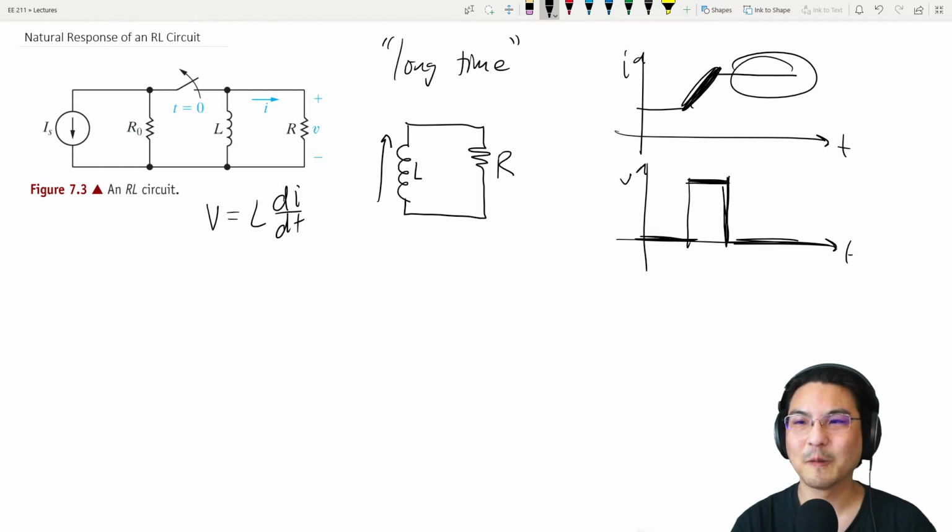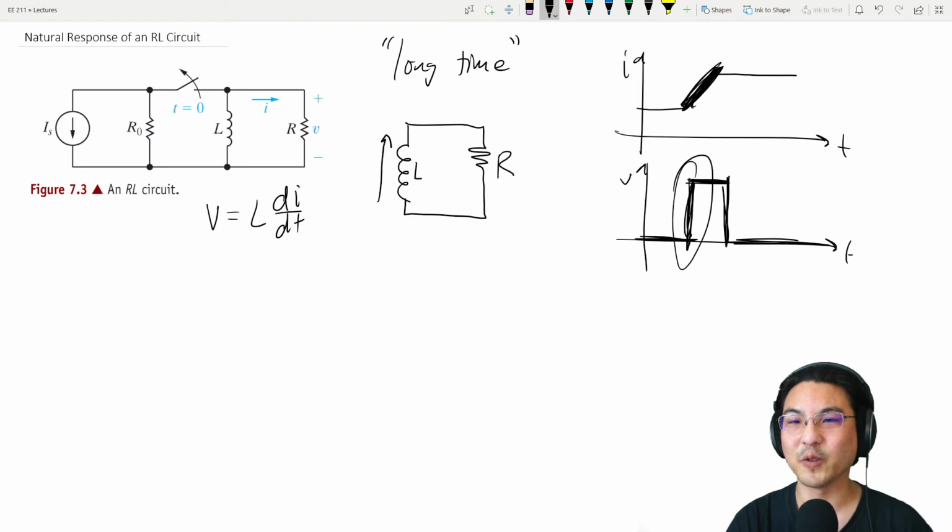So if you look at it, the voltage across an inductor can change instantaneously, but there's no way the current can change instantaneously. The only way for the current to change instantaneously is if the voltage is infinity. So it's impossible.